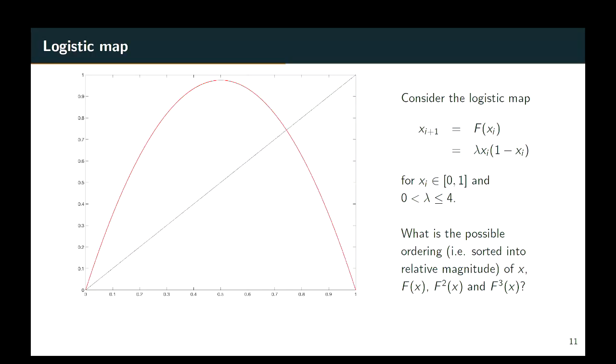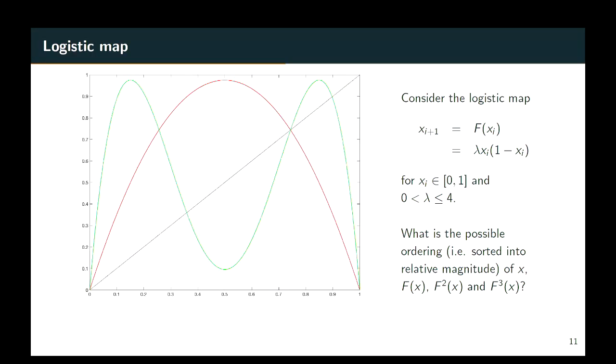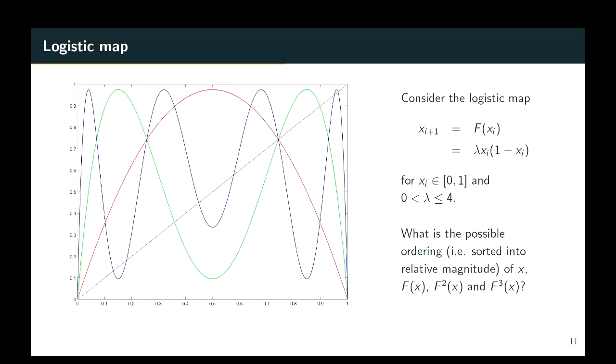If I apply that map twice, so this is x, and the green line is x(i+2) from x(i). The blue one's the third iterate. So now I'm plotting on the same picture here.